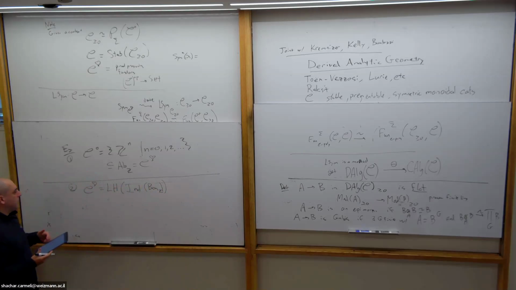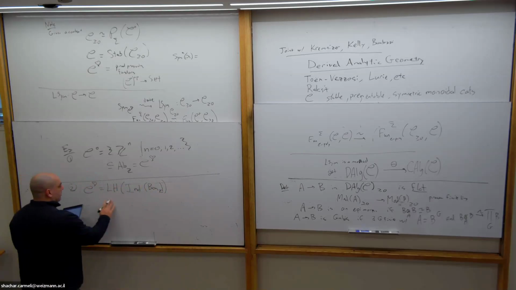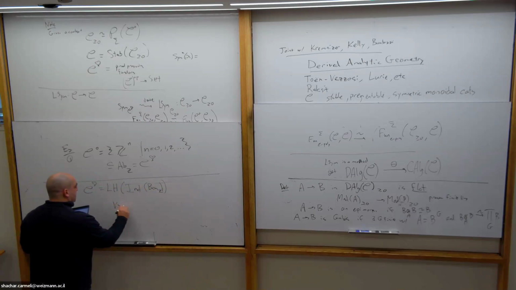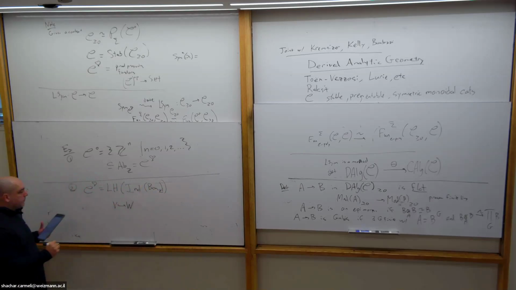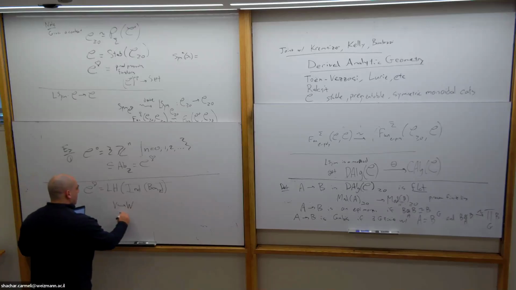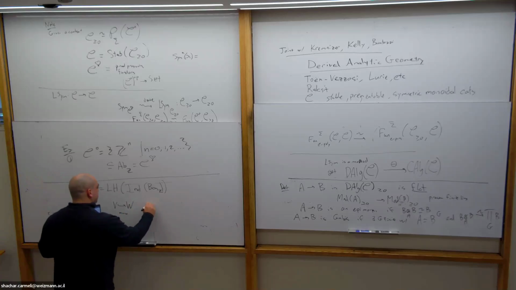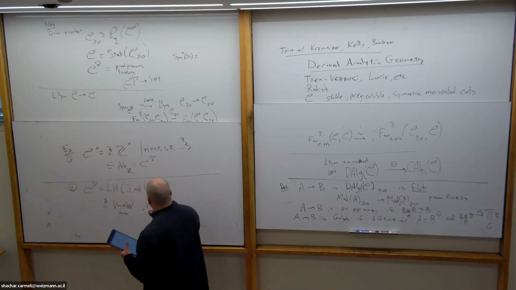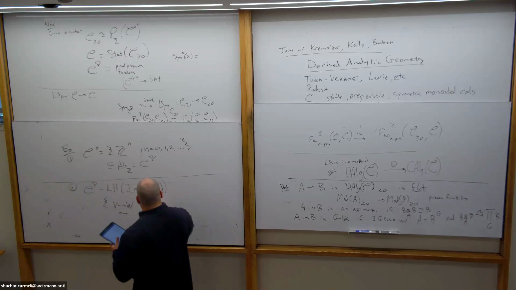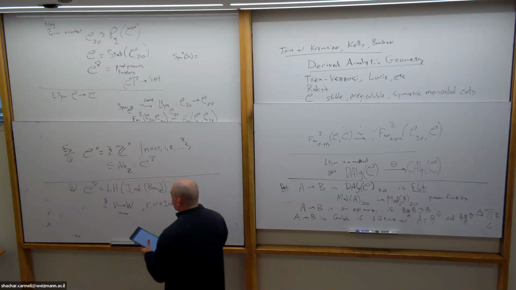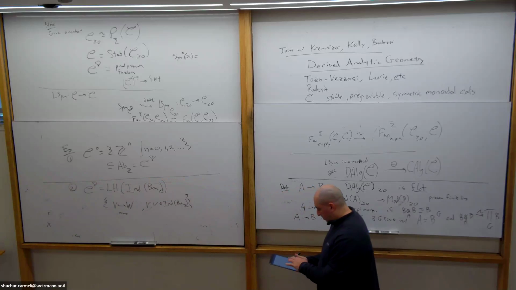And the left heart is an annoying thing you have to do where you consider pairs of groups up to some equivalence and a monomorphism. Let me just roughly say that it's this kind of pair, where V and W are in Ban. So these are formal colimits of Banach spaces with bounded morphisms.